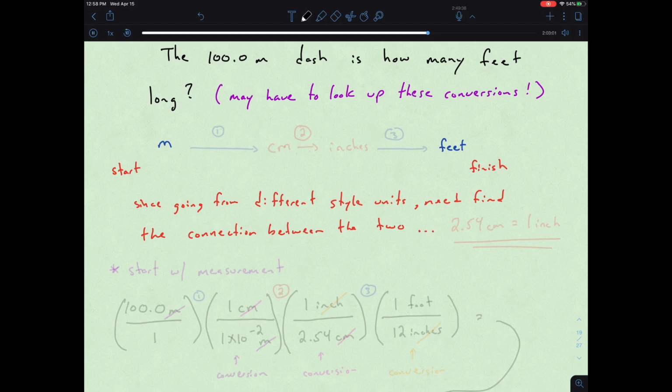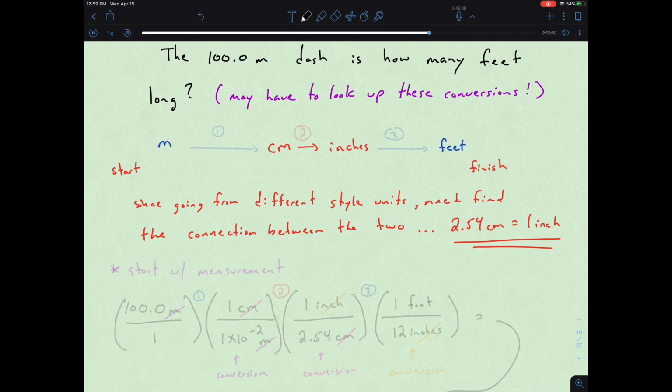For instance, I would say that there are 2.54 centimeters in 1 inch. So that would be my conversion point between the two, is realizing that I can go from that idea of centimeters to inches.